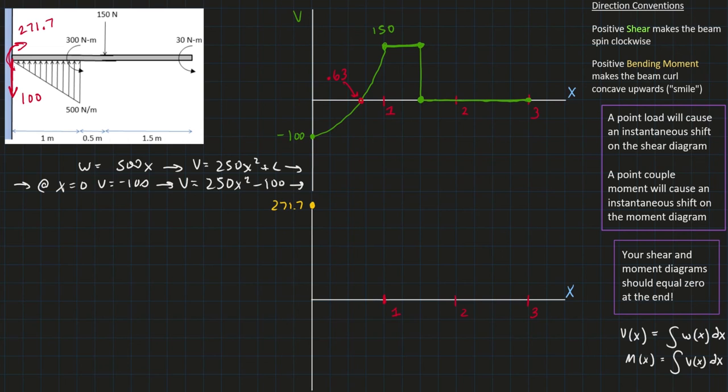Now we can integrate again to get our moment equation. Of course, because we know at x equal to 0 we have an M of positive 271.7, that means we know our c to be that same 271.7. So you can pretty quickly grab this using the indefinite integral method, especially if you're well practiced.